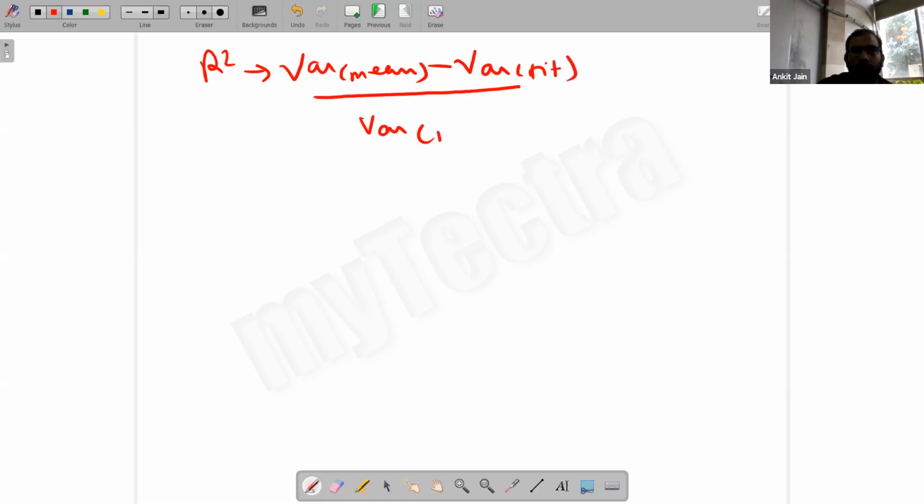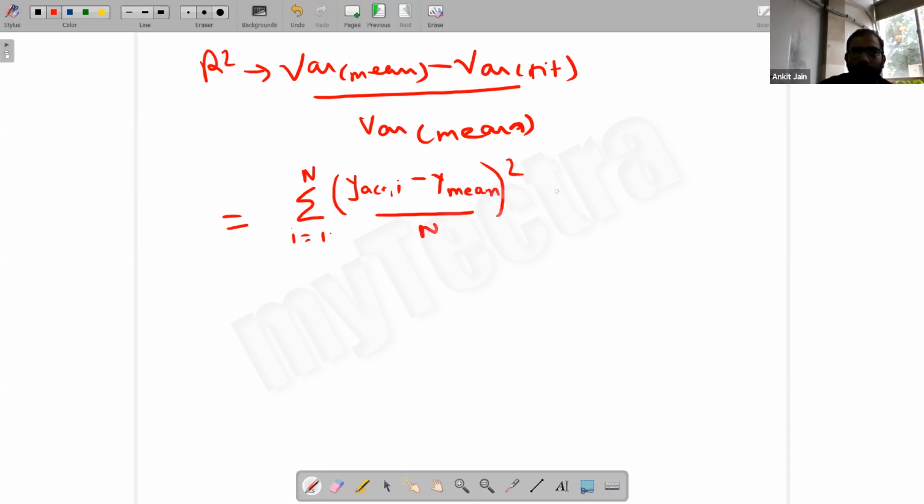So now, what is variance? What is the variance formula? Yesterday I made you write that also. Let us write that. So it will be sigma i equal to 1 to n (y act i minus y mean) upon n whole square, minus sigma i equal to 1 to n (y act i minus y pred i), right?